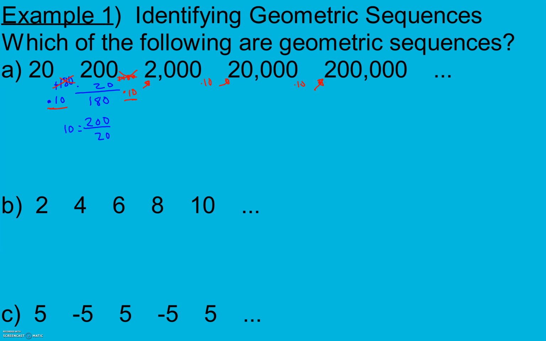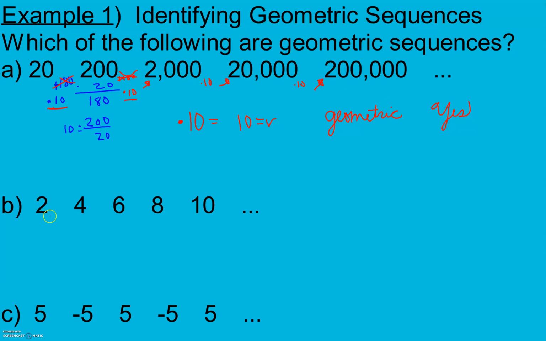Yep. So here I have the same thing being multiplied every time. So my pattern is that we're going to multiply by 10, which means 10 is my r value. Since I have a common ratio, this is geometric. So, yes, it's geometric, because I'm multiplying by the same value every time.